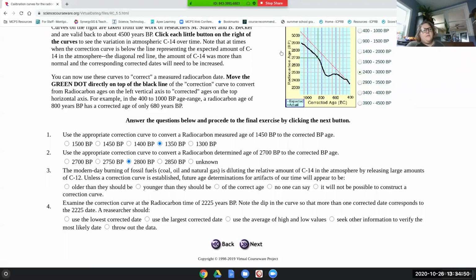The modern day burning of fossil fuels, there's more carbon-14 in the atmosphere, it will make them appear younger if we don't have a correction curve.